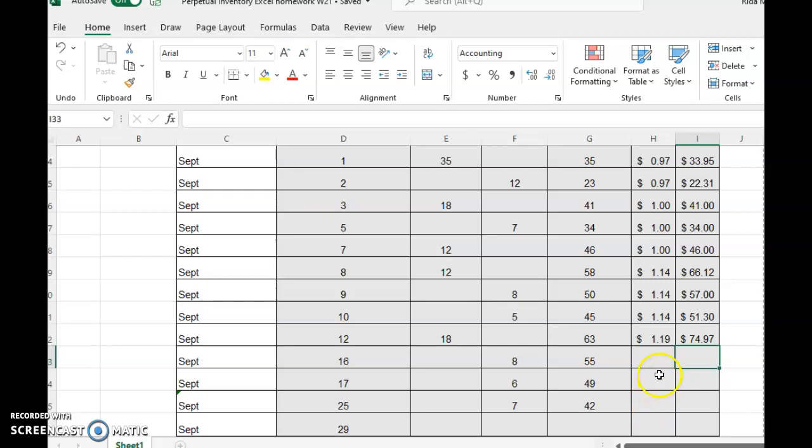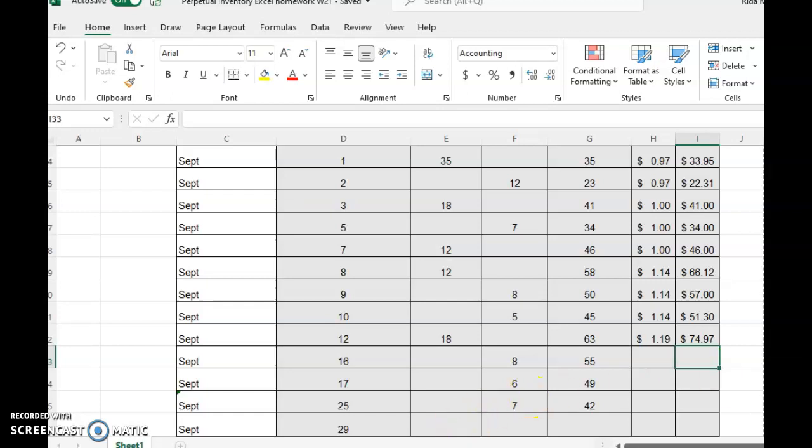And we would do the same thing. So since these are going out, we would use the same value as September 12 and repeat the same thing. So 119 times 55, 119 times 49, 119 times 42, and get the total value.